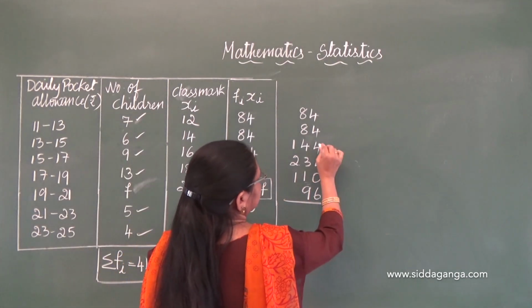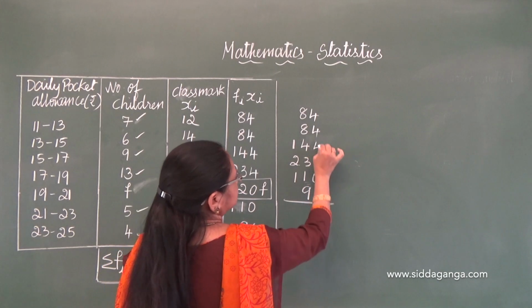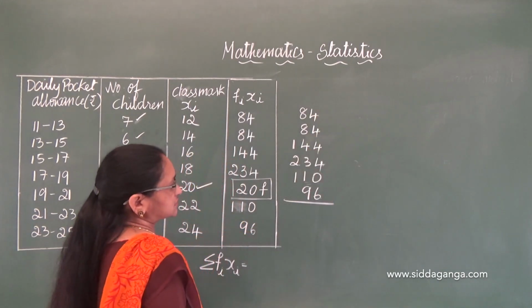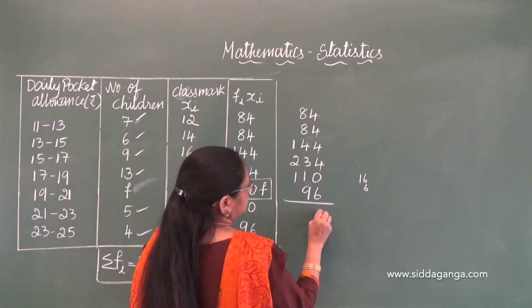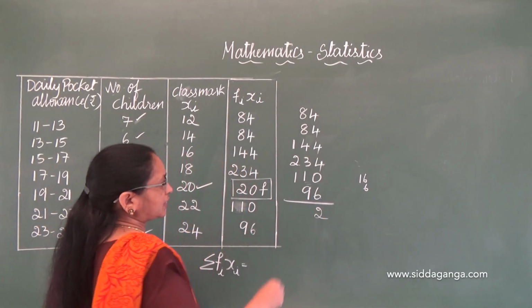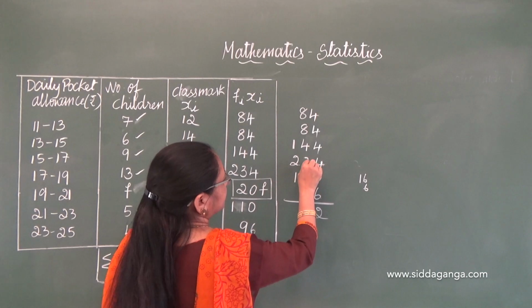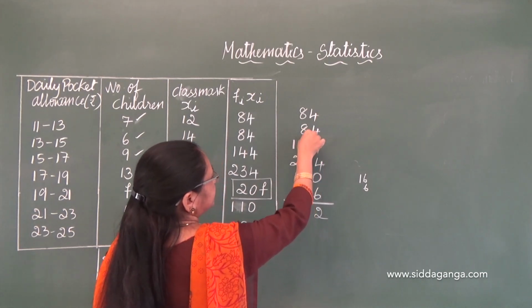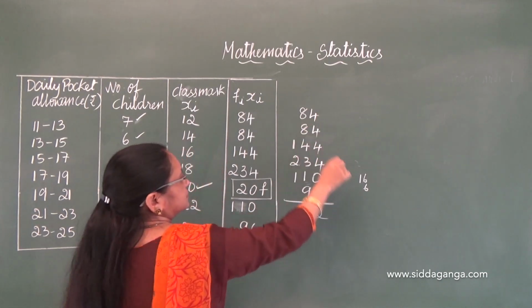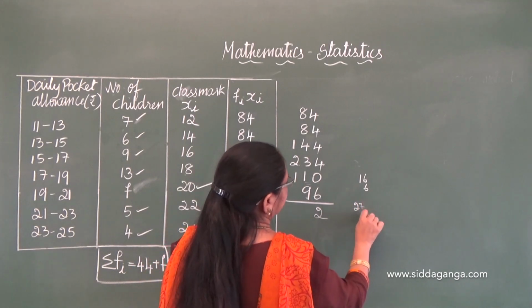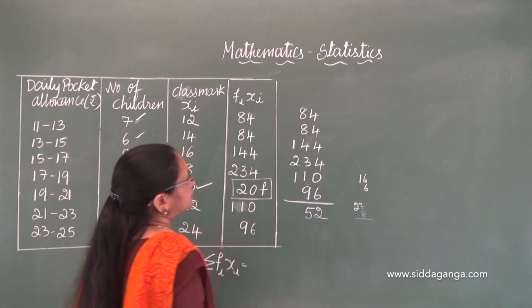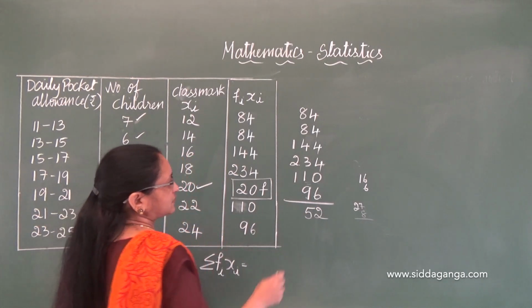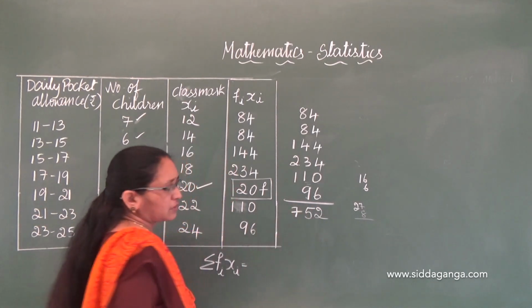Okay, see here, 4 4s are 16, 16 plus 6, 22, 27, so 27 plus 8, 35, 752, okay.